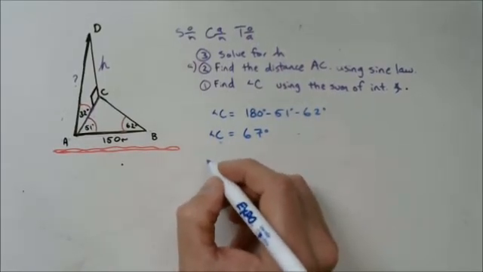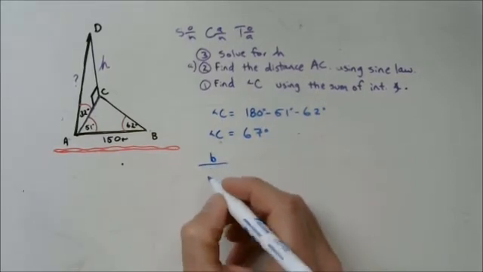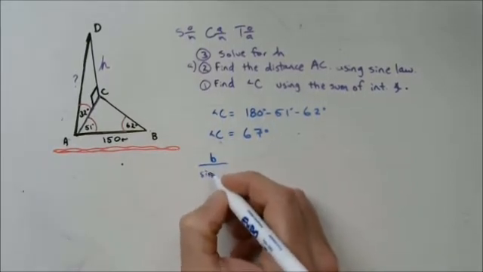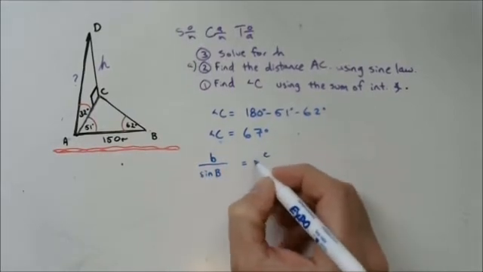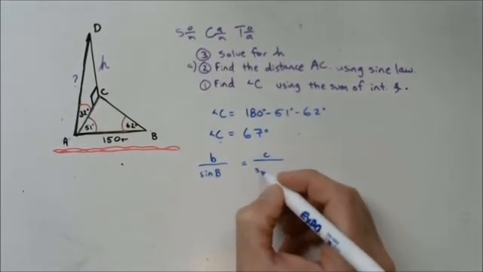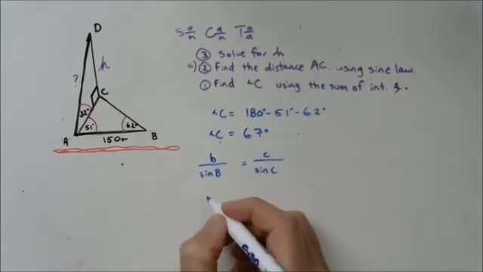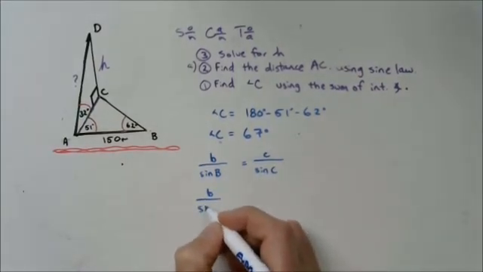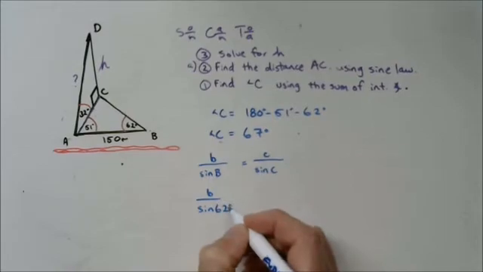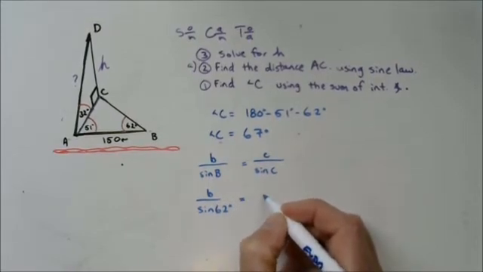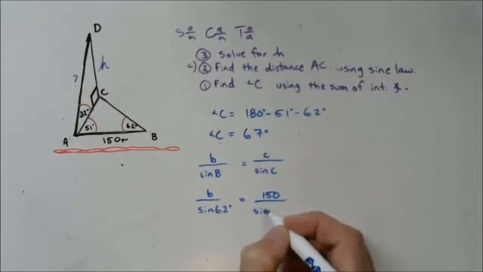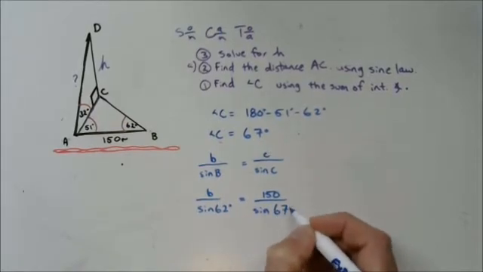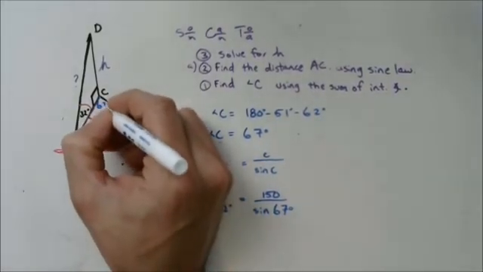We're solving for the length B, so I'm going to put that on top of my first ratio over the sine of B, and our second ratio is going to be C over the sine of C. Fill in what I know. B is 62 degrees. The side length C is 150 meters. The angle C we just found is 67 degrees. I can put that in my diagram.